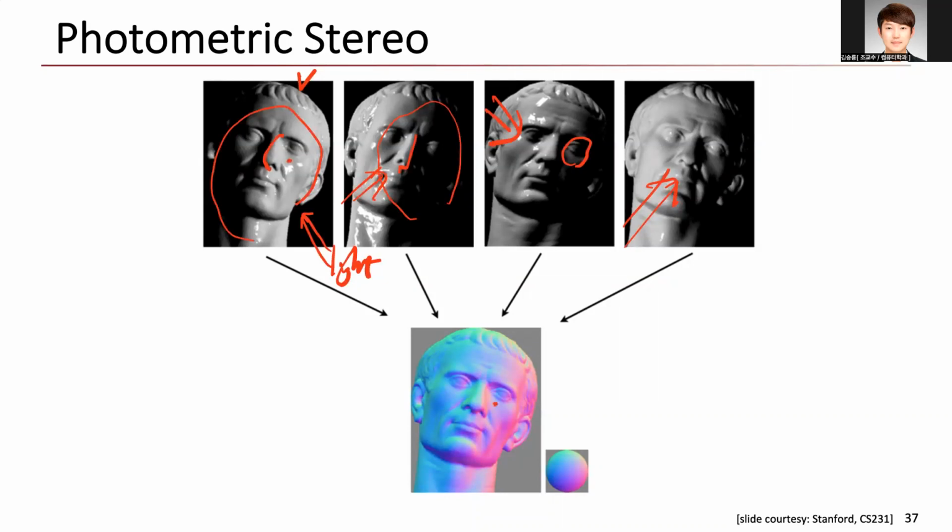In other words, if we consider pixel values at a fixed point, this one and this one, we can estimate this structural information. This is photometric stereo.